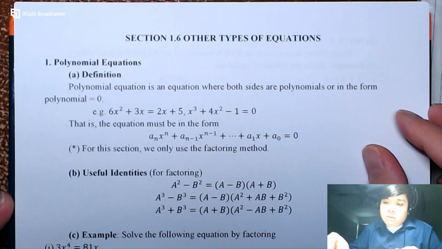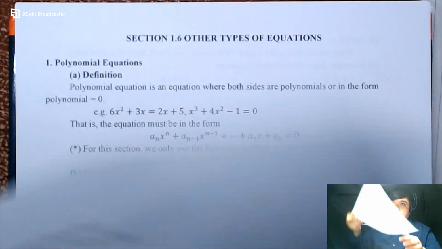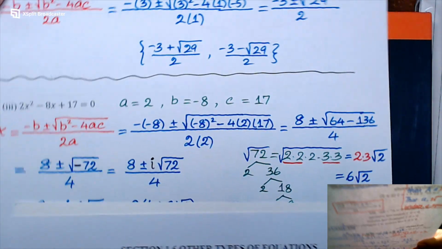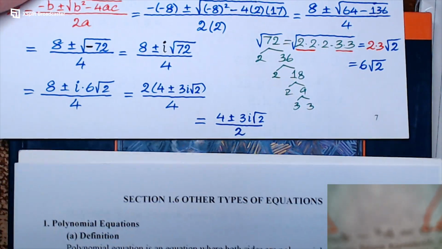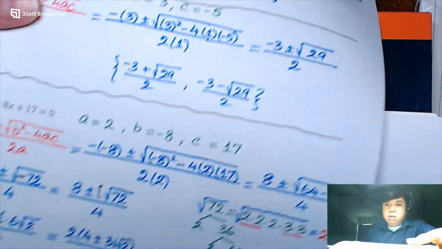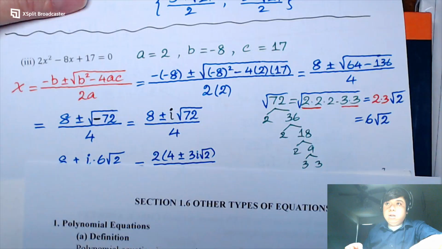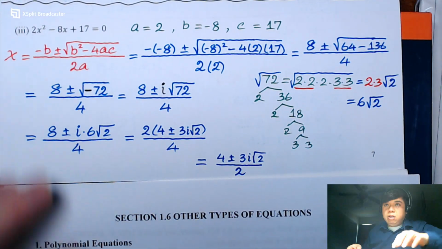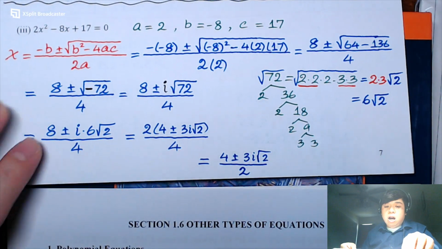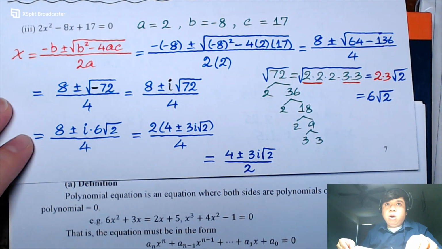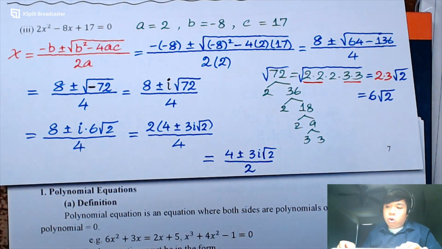Other types of equations. The first type is the polynomial equation.